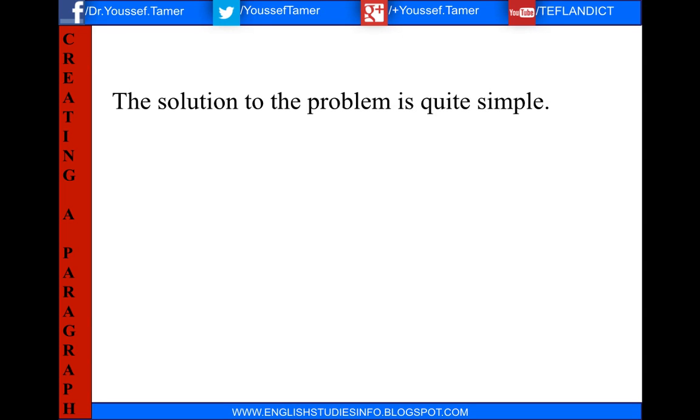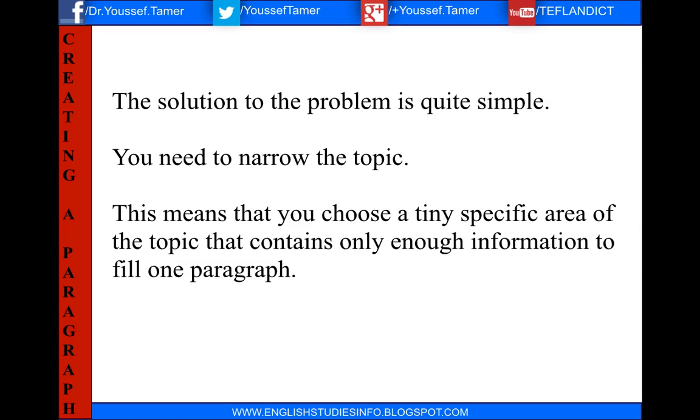The solution to the problem is quite simple: you need to narrow the topic. This means that you choose a tiny, specific area of the topic that contains only enough information to fill one paragraph.